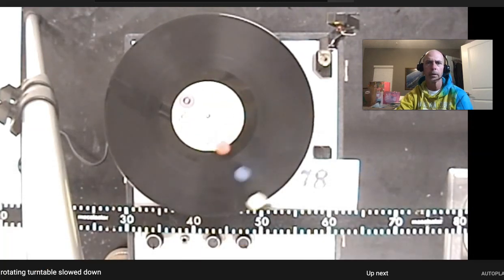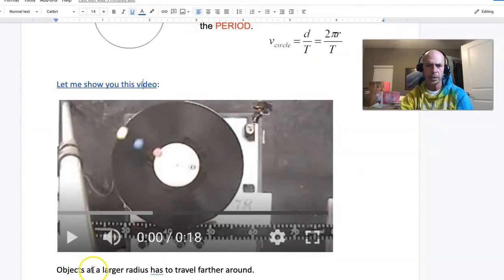Okay, let me kind of end that there. So objects at a larger radius have to travel further around. That distance is going to be larger. So the linear tangential velocity the object has, we can relate it also to the circumference.